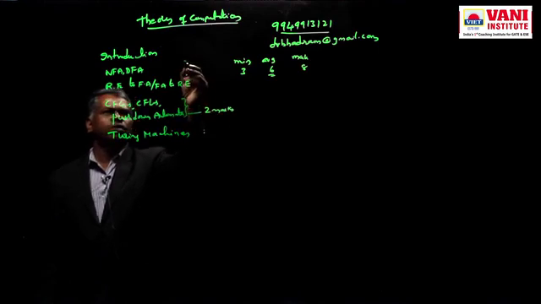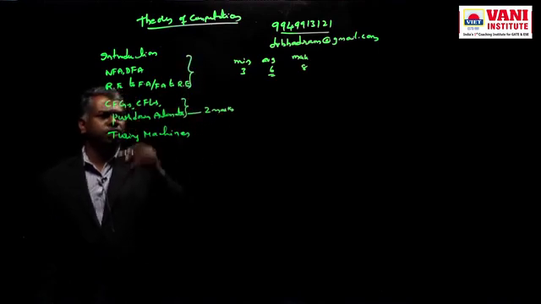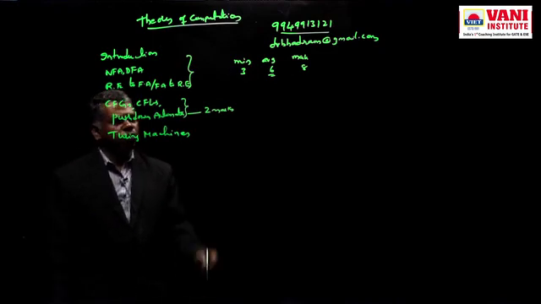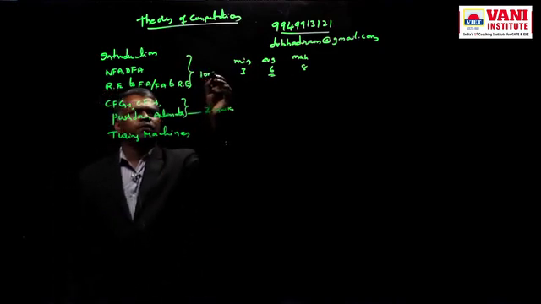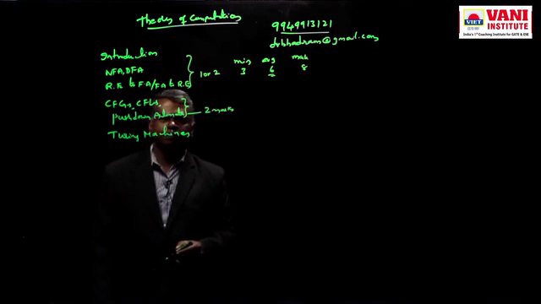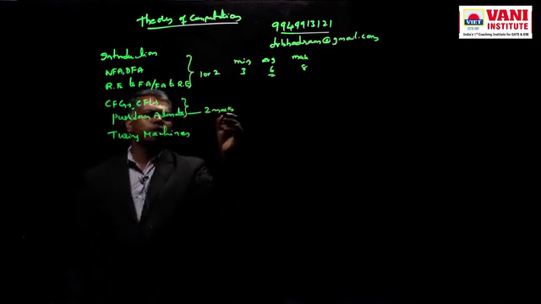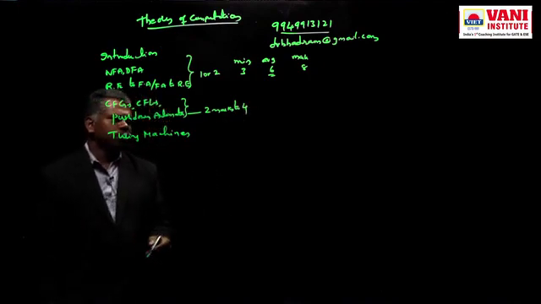Then definitely one question we have from NFA, DFA and all these things, minimum 1 or 2. And 2 to 4 marks we are getting from PDA, suppose if it is 4, if it is 2.